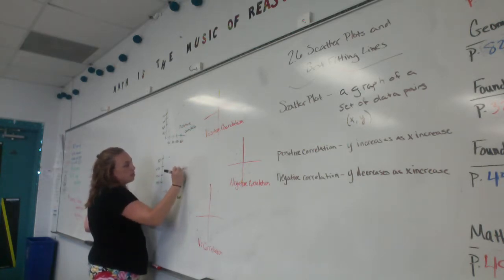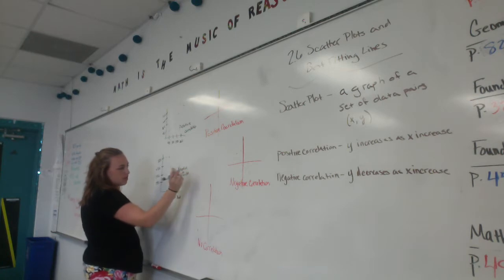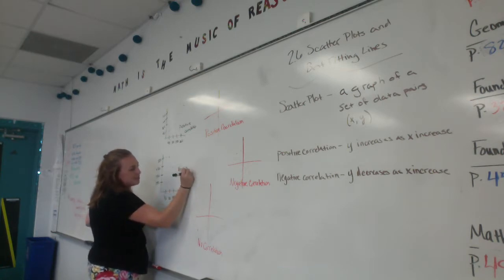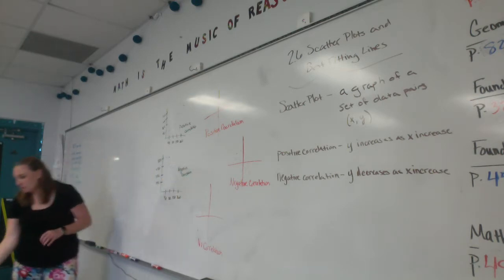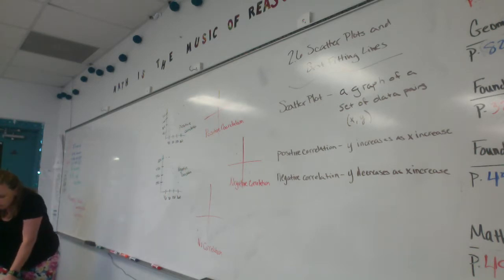There's also another way we can figure out what correlations are happening. We can also figure it out through doing some type of correlation coefficient.